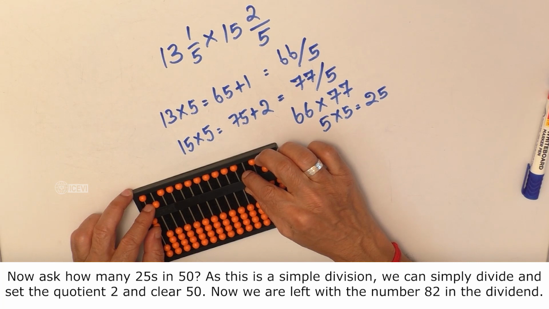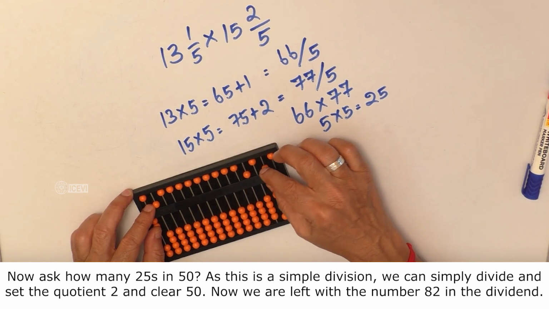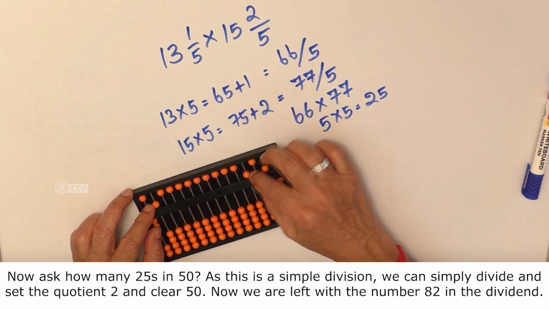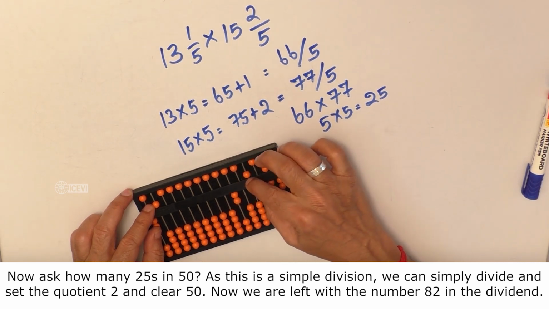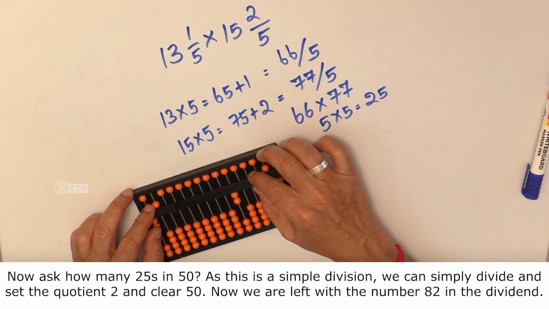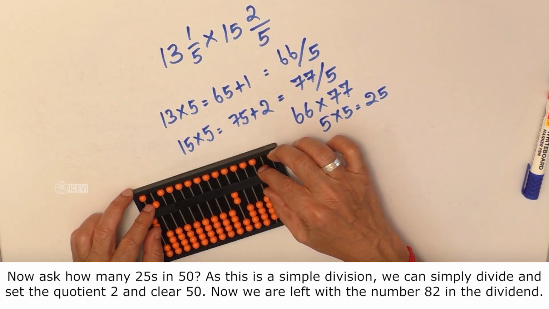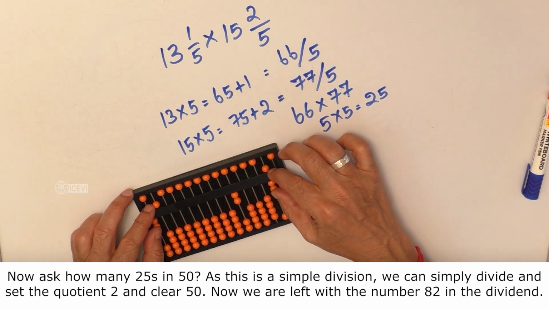Now ask, how many 25s in 50? As this is a simple division, we can simply divide and set the quotient 2 and clear 50. Now we are left with the number 82 in the dividend.